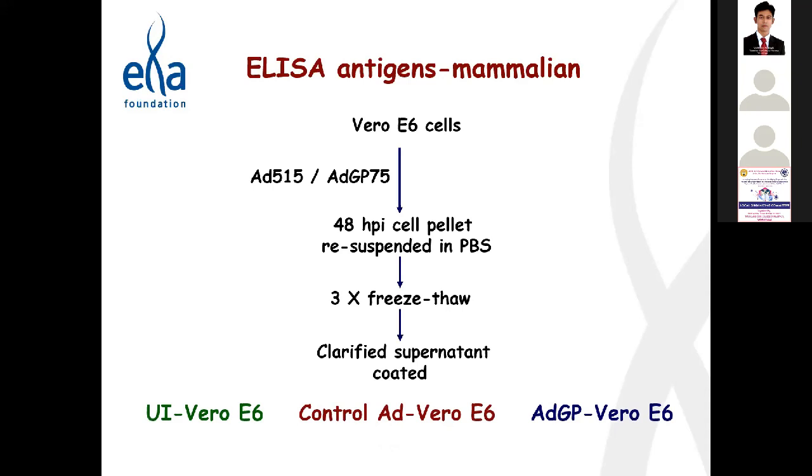So we prepared 3 ELISA antigens here. One using Vero E6 lysate, another using control adenovirus infected Vero E6 lysate, and the third one is the AD-GP infected Vero E6 lysate.